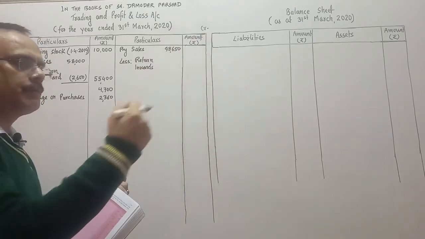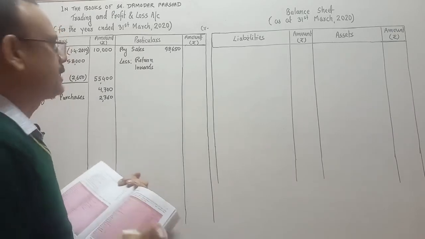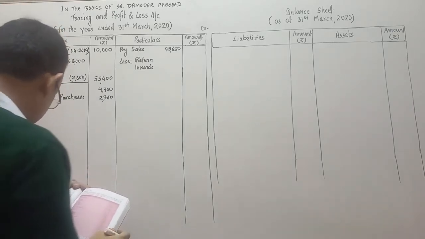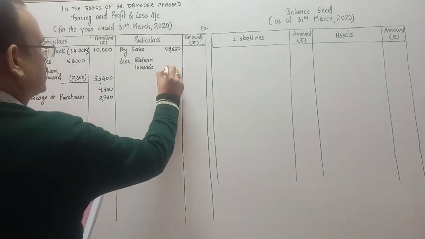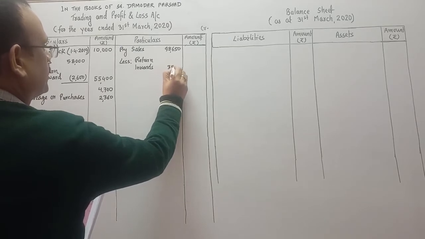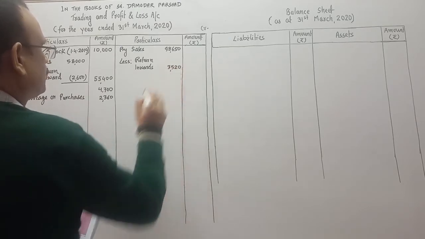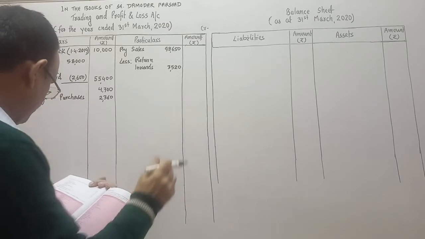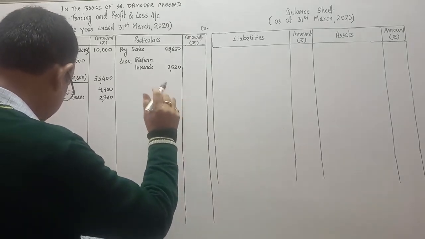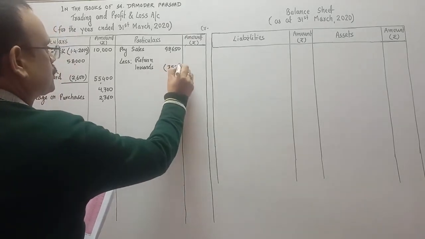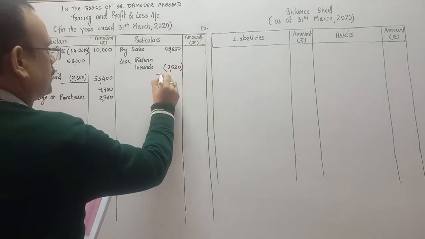So return inward will be on the debit side. Return inward is 3,520. So deduct the return inward.